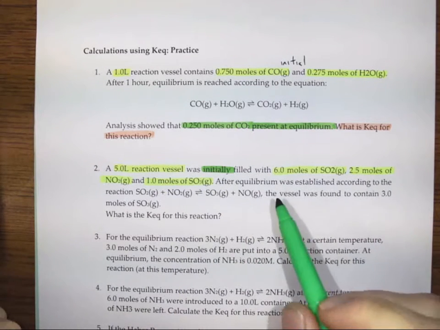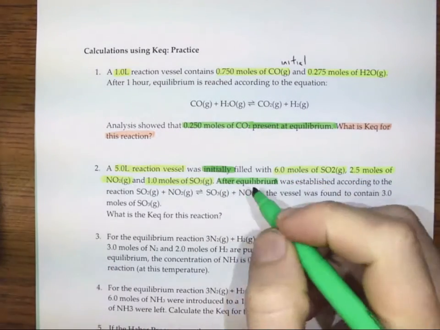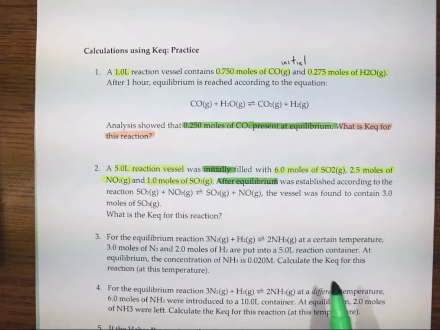After equilibrium, then we've got after equilibrium. These are some key words here, and this question lays out those ideas very clearly.